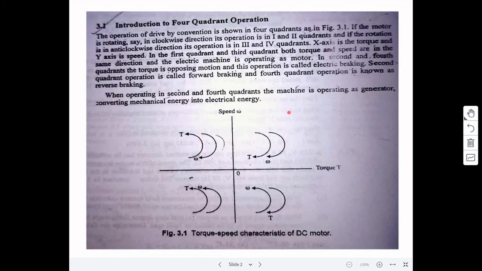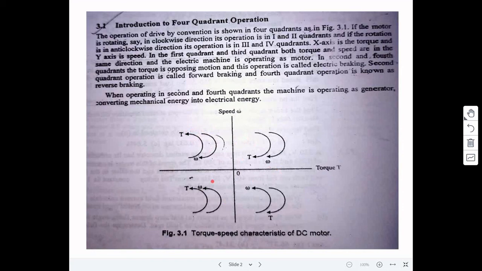This is forward motoring, this is forward braking, this is reverse motoring, and this is your reverse braking mode. Keep in mind the idea: whenever speed is in the forward direction, that is the clockwise direction, those two quadrants operate in forward.